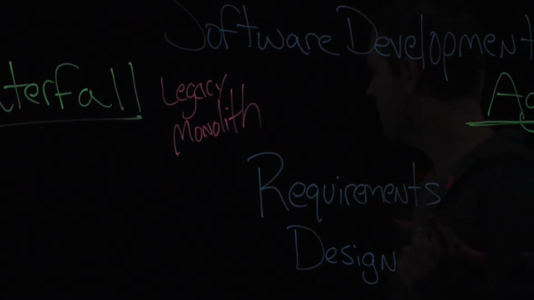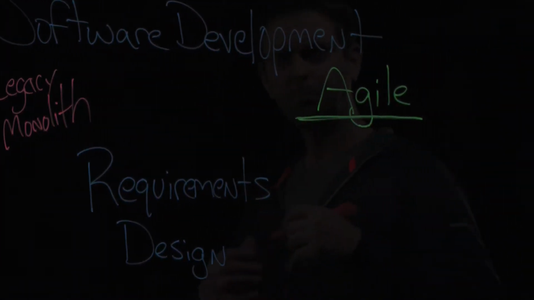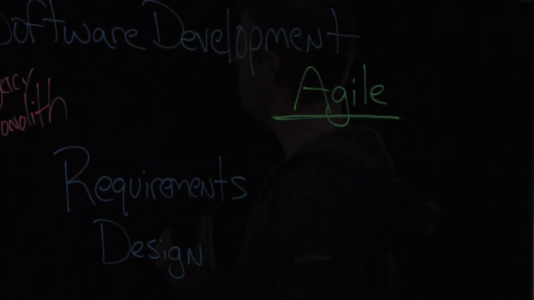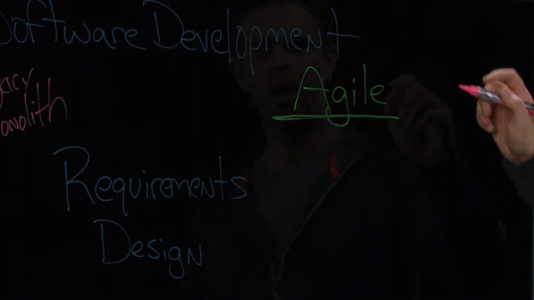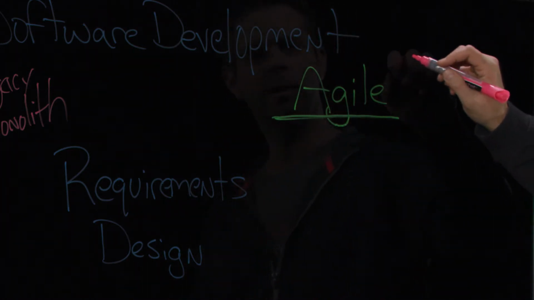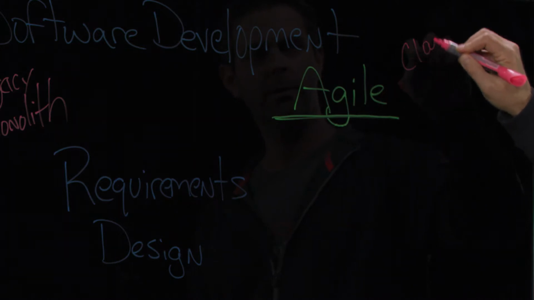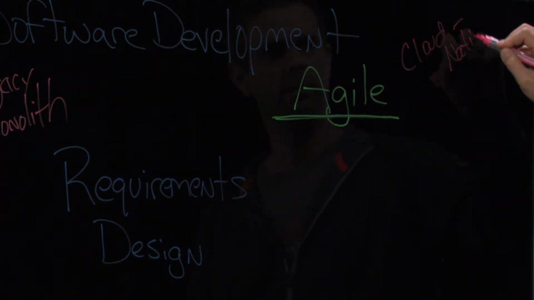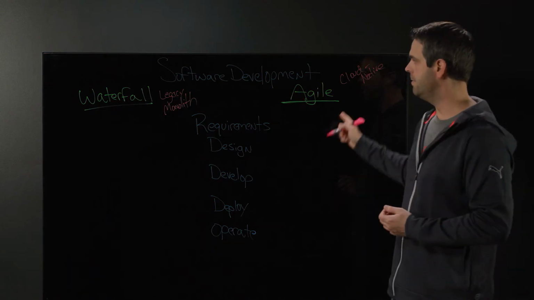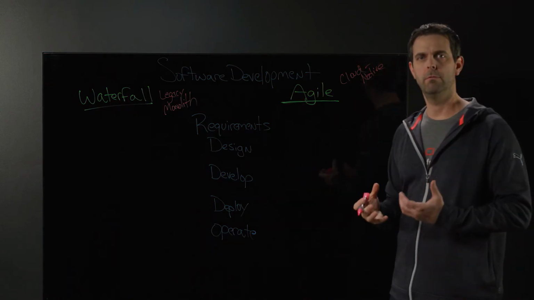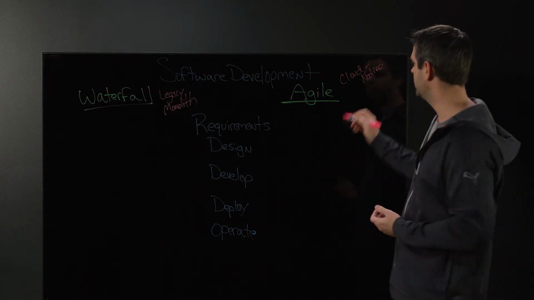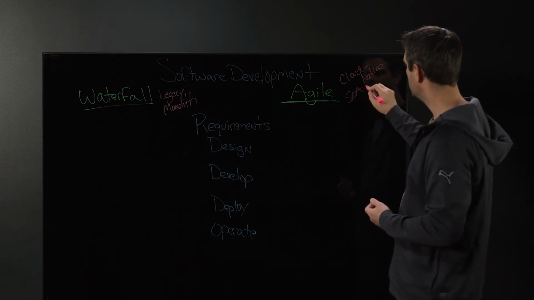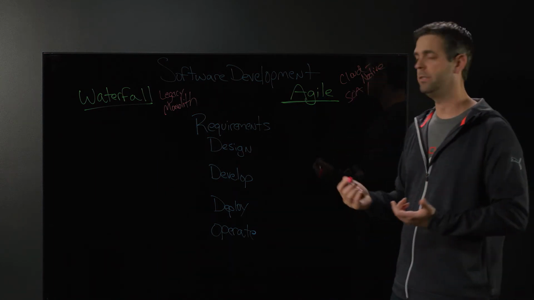On the Agile side, we're looking at a much more efficient, much more versatile development practice, which often associates with cloud-centric style development or cloud native. What we're looking at in this regard is what we would typically refer to as a service-oriented architecture, or more commonly a microservices architecture.